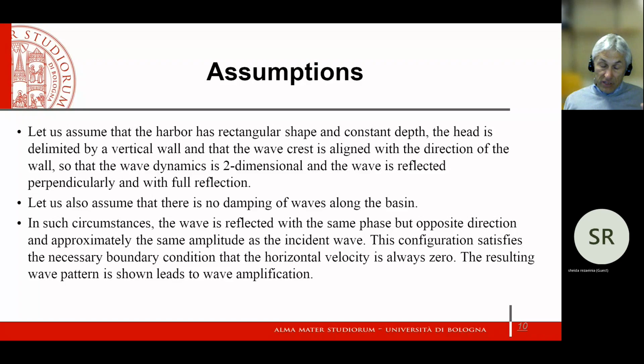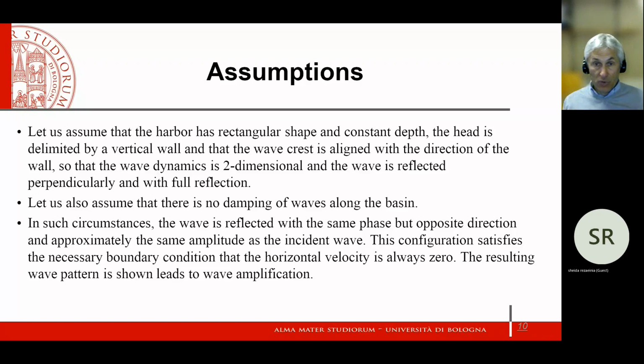And given that the phase is the same, when I have a crest in the incoming wave, I have also a crest in the reflected wave. And when I have a trough in the incoming wave, I have a trough in the reflected wave. So a double crest means that the elevation of the wave is doubled.